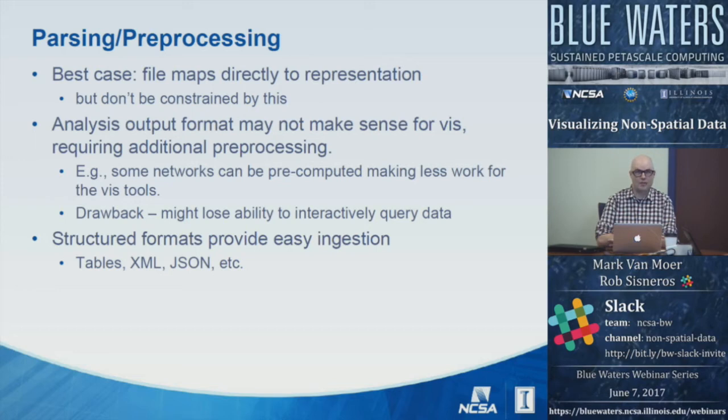Something that's relatively common, I've seen this also on the SciViz side, is that the output format may not be optimal for viz. So it may be a large data set that was chunked, cut up into slices in a particular way in order to be efficiently analyzed on an HPC resource.